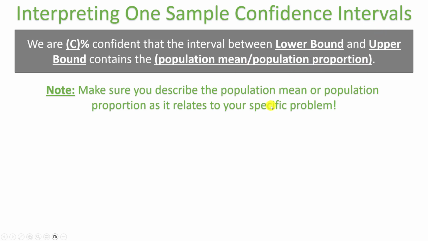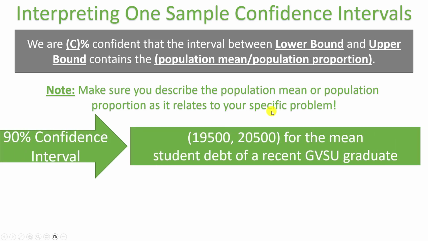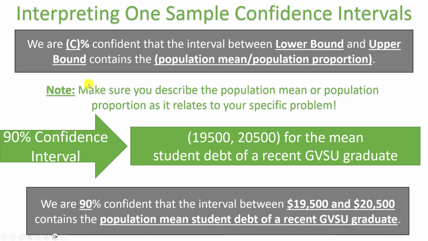Here's an example for interpreting a 90% confidence interval for the mean student debt of a recent Grand Valley graduate. We would say that we are C% confident, which in this case is 90% confident, that the interval between our lower bound, which is $19,500, and $20,500 contains the population mean student debt for a recent Grand Valley graduate.